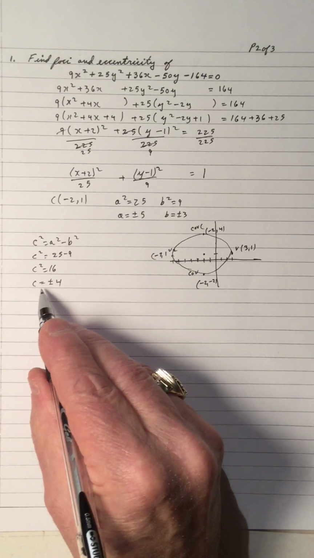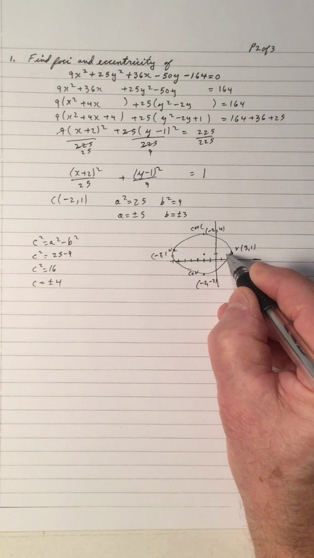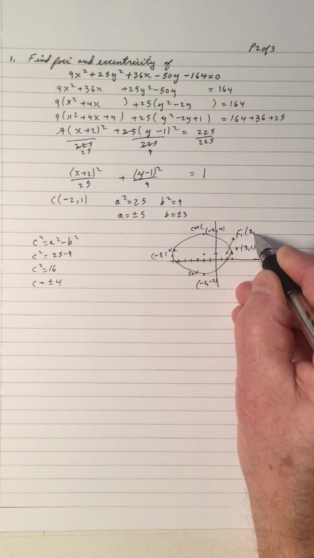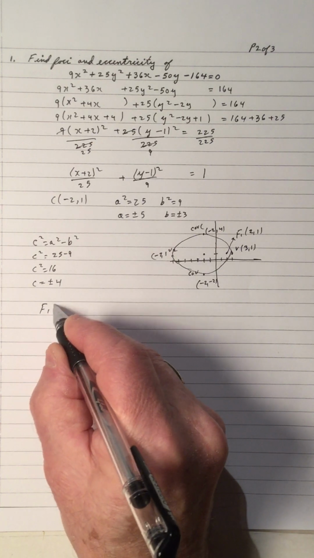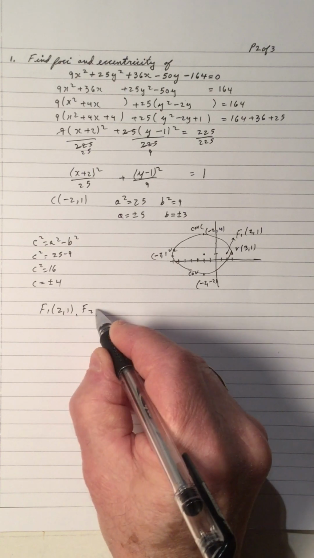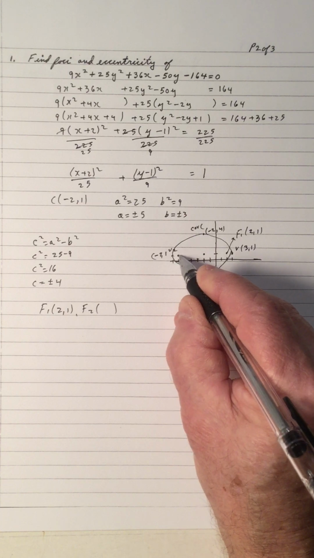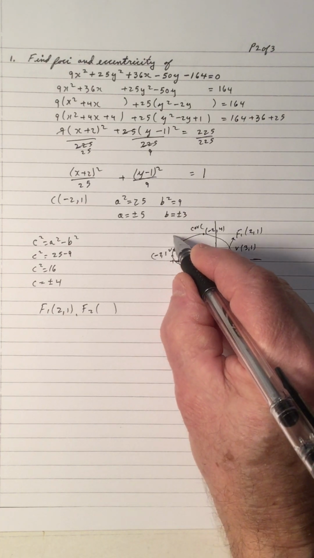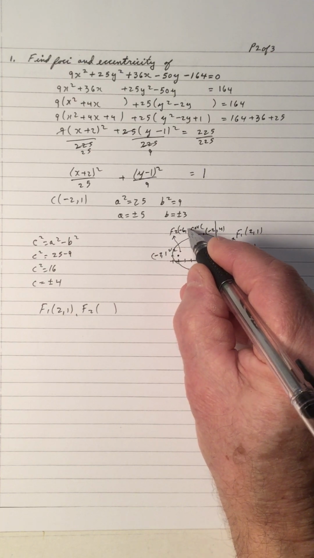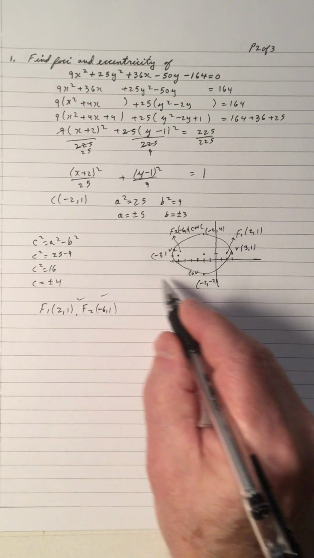If we take the center and add 4, 1, 2, 3, 4, you get right there, and that's focus 1, which is 2, 1. Focus 2, you go 4 this way, 1, 2, 3, 4, let's call it F2, which is negative 6, 1. So these are the two foci that we wanted.